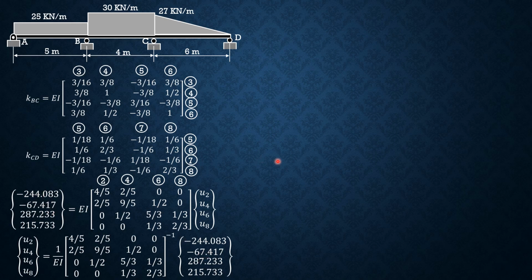The results using the calculator would be equal to negative 303.302 over EI, negative 3.603 over EI, 120.779 over EI, 263.210 over EI.